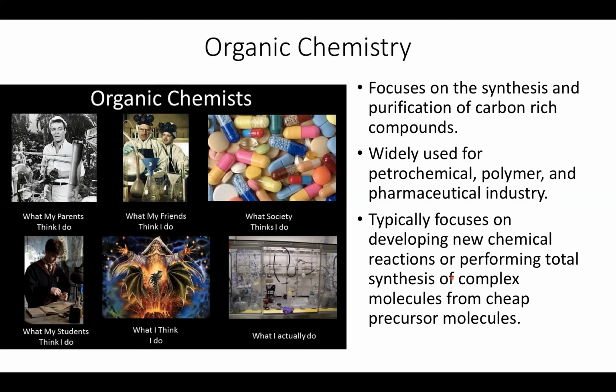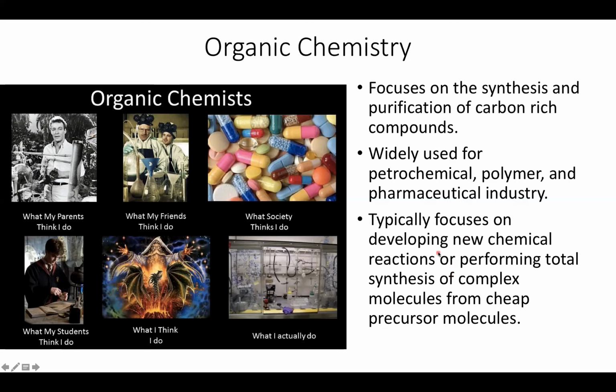The other option is what's often called total synthesis. So you go into big textbooks of previously known reactions, and you figure out how you can pair them together to go from a cheap starting material to something you can sell. So this is often the lens that organic chemistry is looking at: these 2 questions, new reactions and total synthesis.